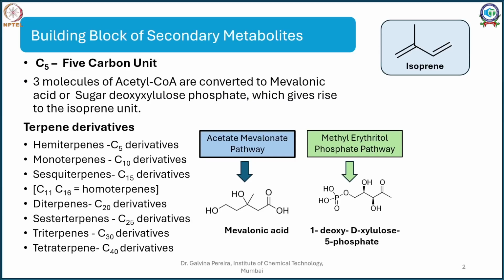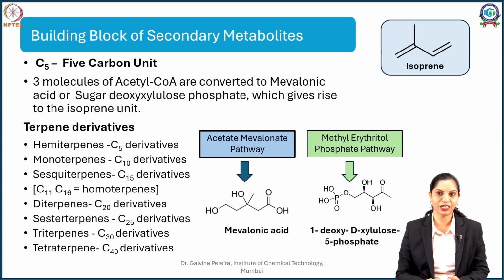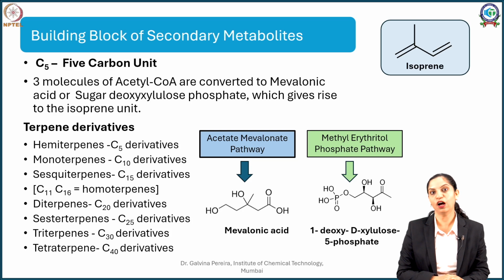If you see the building block that we discussed previously, that is the C5 building block, it is made up of isoprene. Isoprene building blocks have a rule that whenever you have one isoprene unit, it carries a formula of C5H8. As isoprenes go on adding, you just have to multiply.